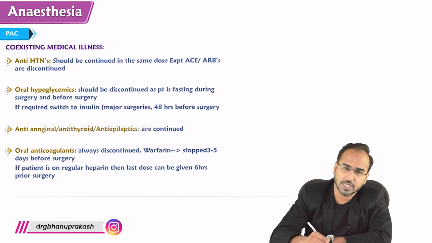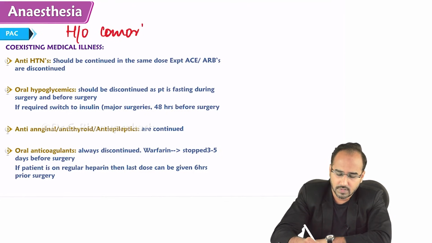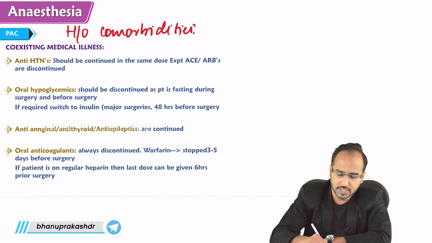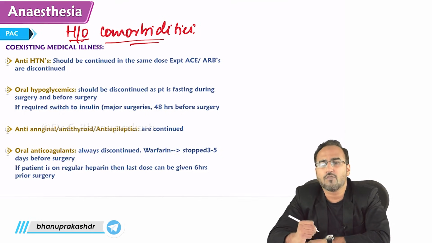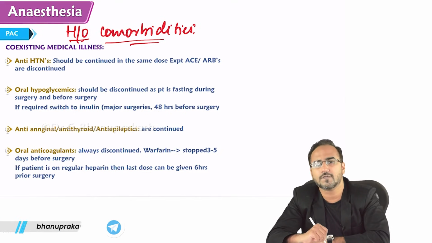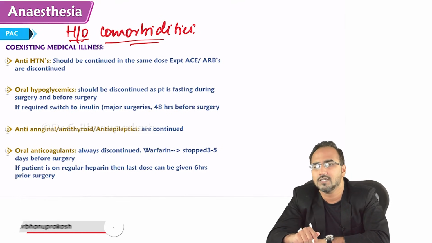You look for the history of comorbidities. What comorbidities do you need to look for? You need to look for whether the patient is suffering from any disorders. What are the common comorbidities or systemic illnesses patients suffer from in India?